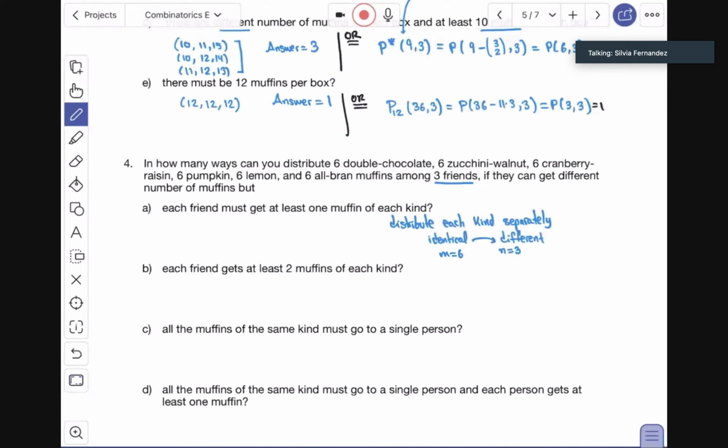And so this will give you, using the formula if you want, 6 minus 1 choose 3 minus 1. So, this gives you that. That's for one kind. But there are 6 kinds, so you multiply them together. So this is for each kind, and this is the number of kinds.